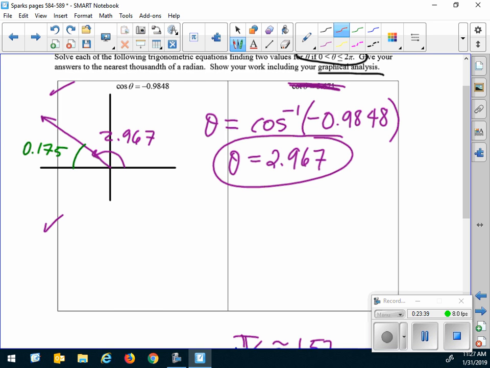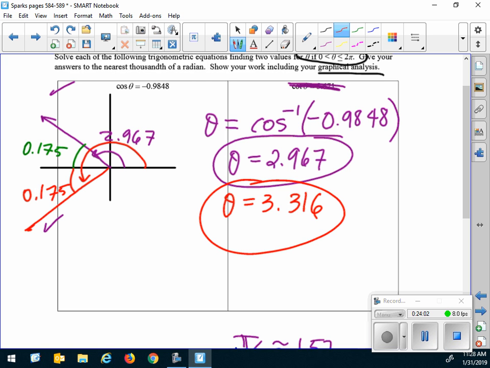Let's throw that in quadrant 3 because that's the quadrant I need. 0.175. I need this angle right here. Add pi to that. Good. That's what I got. Anybody else?